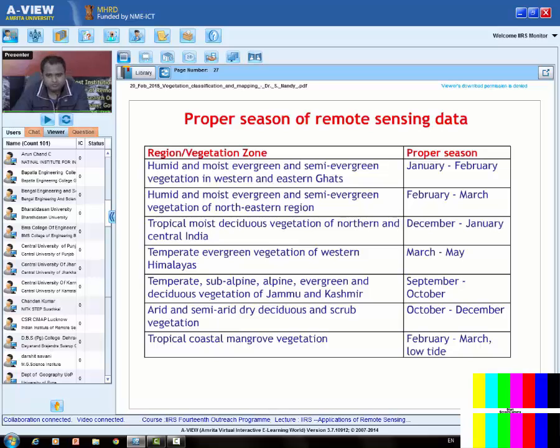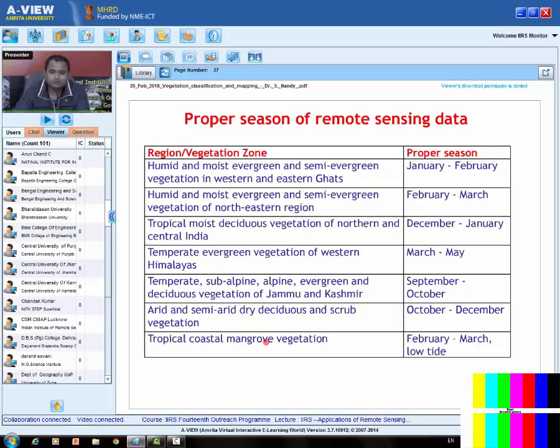There are humid, moist, evergreen, semi-arid forests. It should be January, February. The tropical moist is December, January. Then for, let's say, coastal mangrove vegetation, it is February, March, and low tide data. For mangroves, I should not go for rainy season data because all this coastal vegetation will be underwater then.